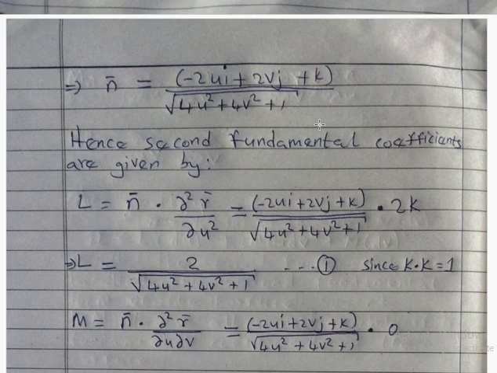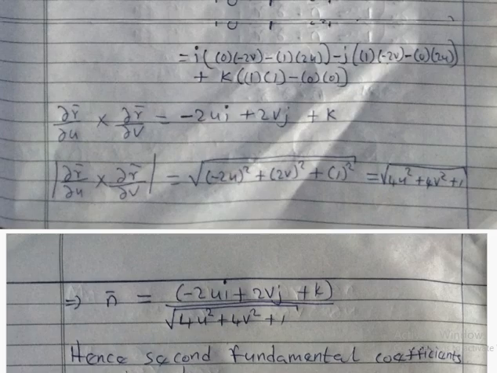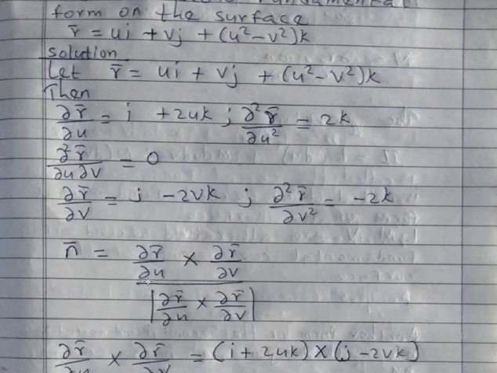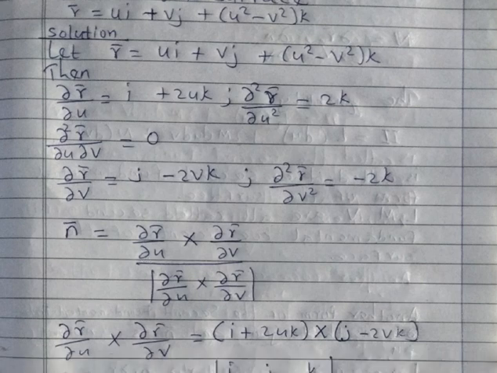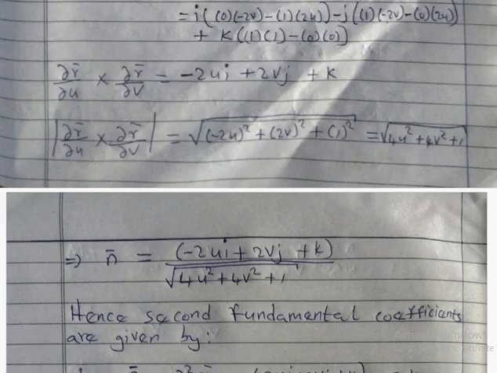Now we look for the second fundamental coefficients. So we begin with L, which is obtained by n dot the second derivative of r with respect to u, and we have seen that the second derivative of r with respect to u is given by 2k, and therefore we'll take the unit normal dot 2k.